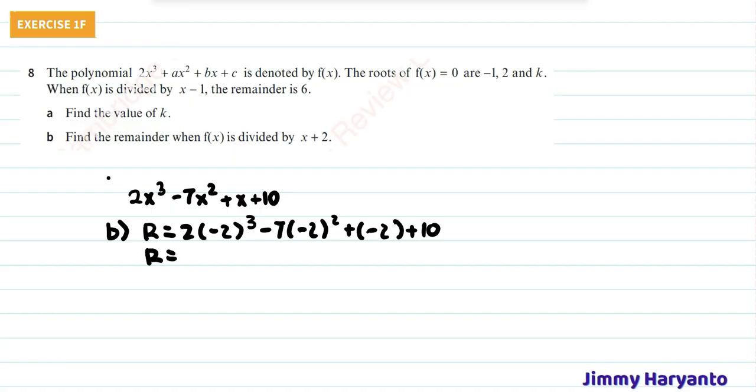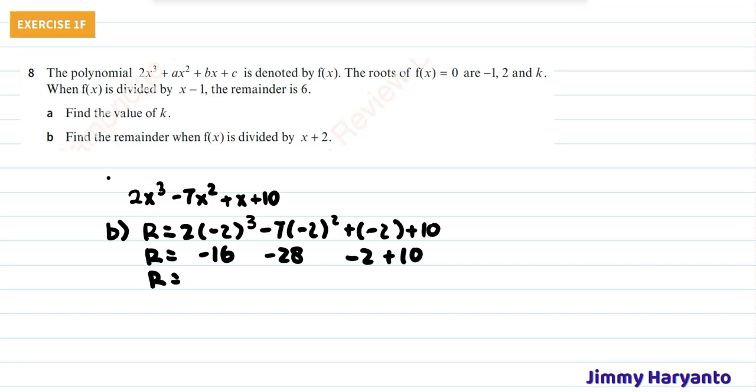So the remainder equals negative 8, and then this one is negative 28, this one is negative 2, and then plus 10. So r equals negative 44, negative 46, negative 36. So the answer is negative 36.